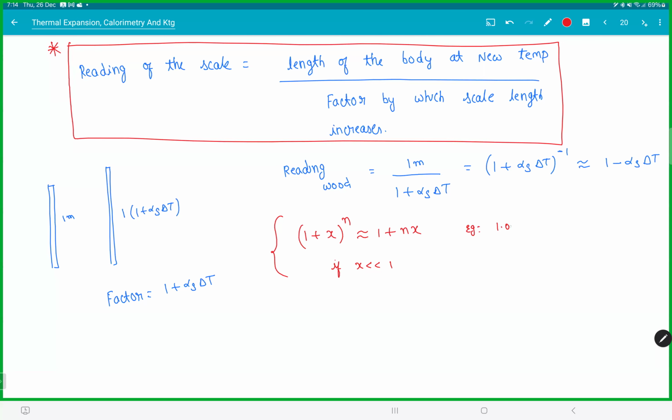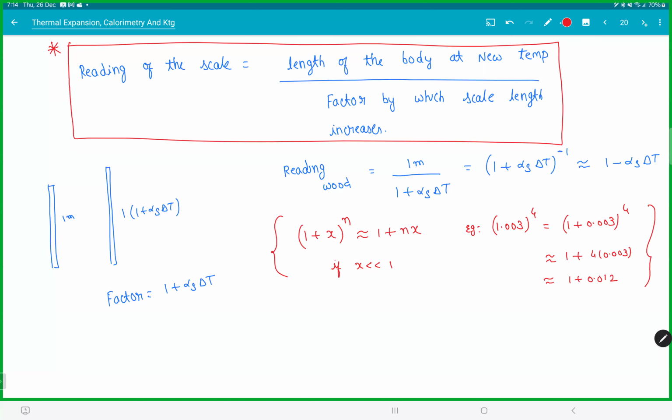Example, if you have 1.003 whole to the power of 4, this can be written as 1 plus 0.003 to the power of 4. You can approximate this to 1 plus 4 into 0.003. This would be 1 plus 0.012. That is the meaning of it.